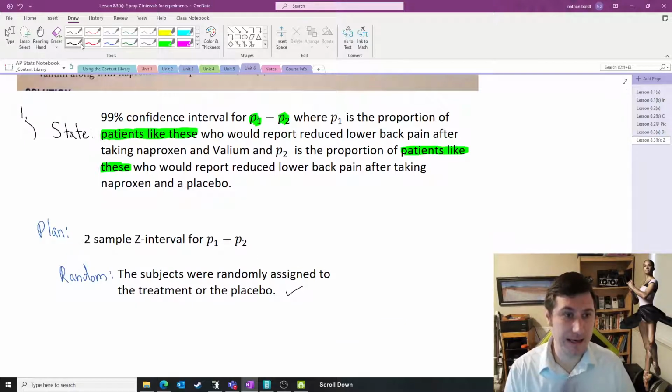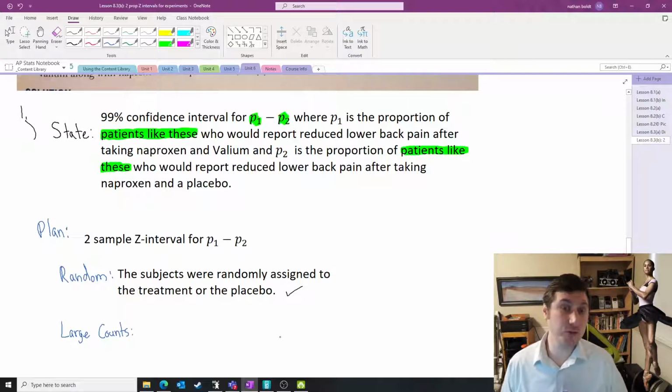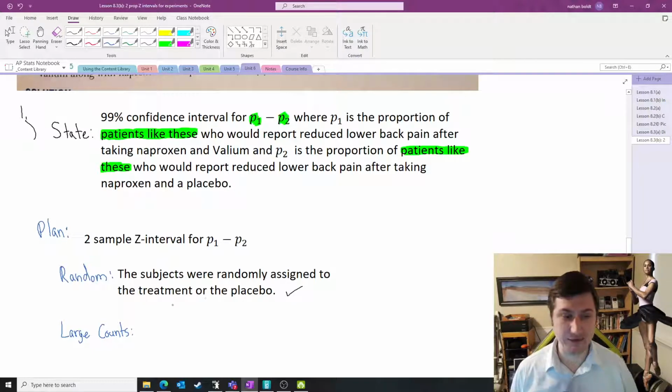All right, next, the large counts condition. Do we have big enough, I don't want to say sample sizes, but do we have enough people? So the same idea here applies. Do we have 10 successes and 10 failures?